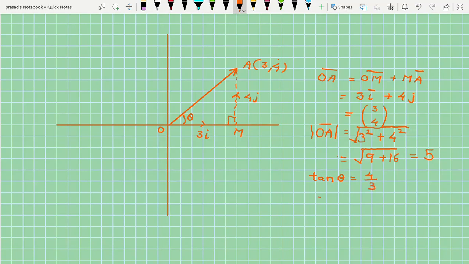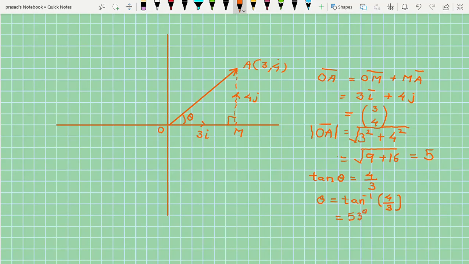So theta will be tan inverse of 4 upon 3. So how much is tan inverse of 4 upon 3 in degrees? It will be about 53 degrees. To the nearest degree, I can say that this is 53 degrees.